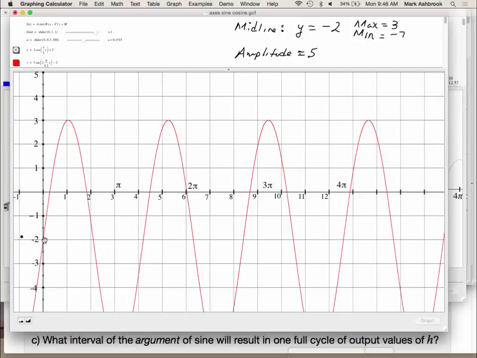You have to look along the midline for that. Right here, our full cycle is starting at the midline, back to the midline, then down to the min, and then back to the midline. The period is about 4.2. Do you see that the period is about 4.2 on this?